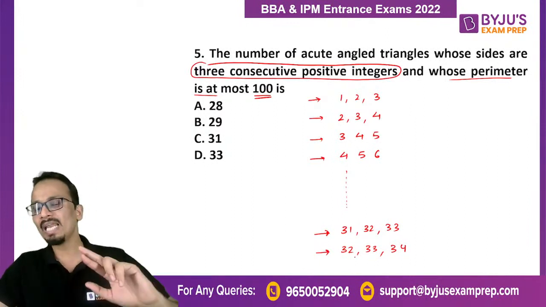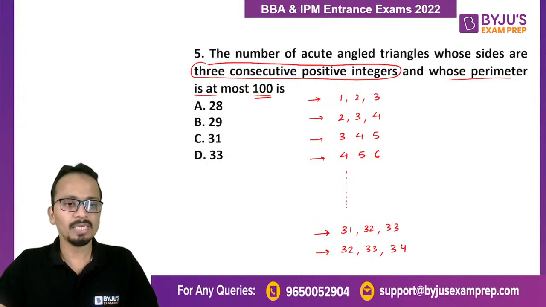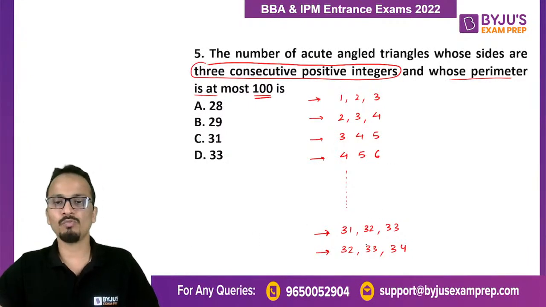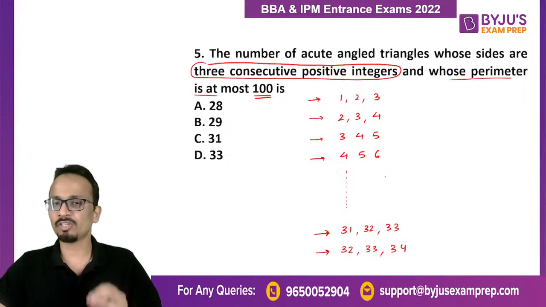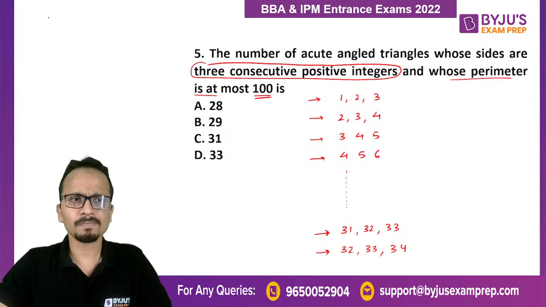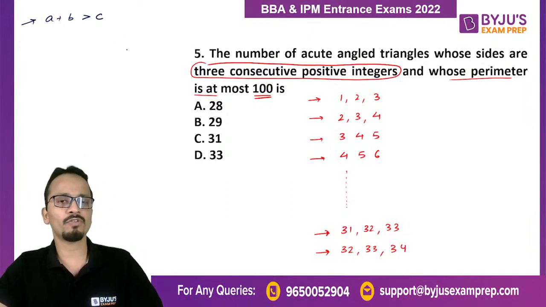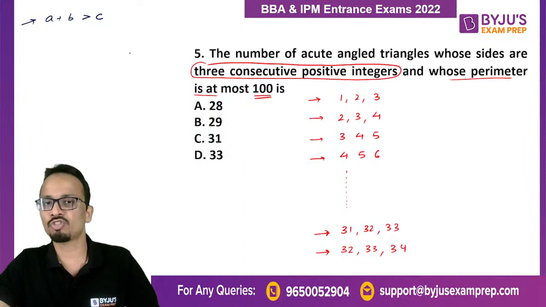Now I'll have to map it with the sides of the triangle. Out of these numbers, which are first of all possible sides of triangles? Now the logic that we'll use is the sum of any two sides in a triangle should be greater than the third side. So this is first of all for the possibility of a triangle.